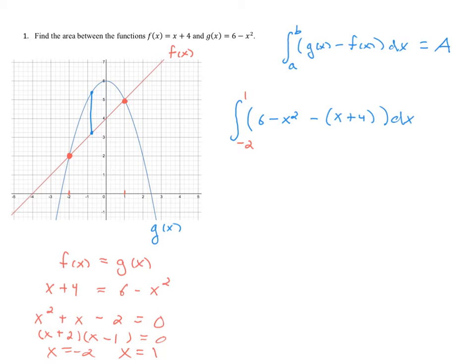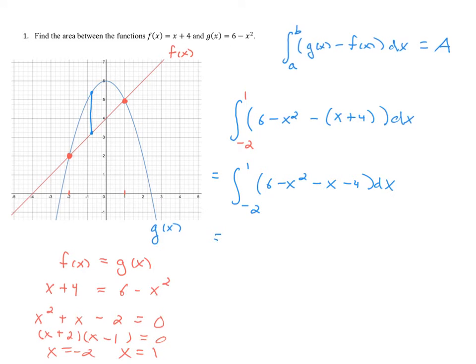To complete this problem, what we have to do is solve this integral. Maybe I'll simplify the inside a little bit before I find an antiderivative. So let's see, 6 minus x squared minus x minus 4.